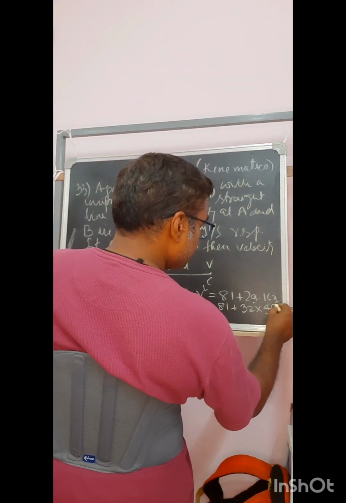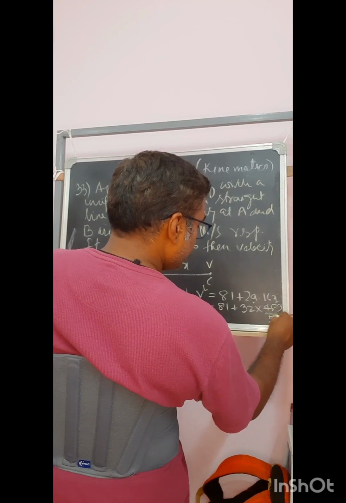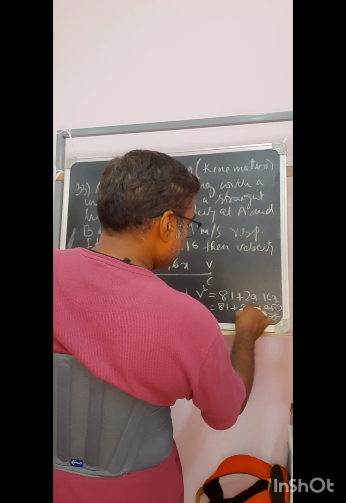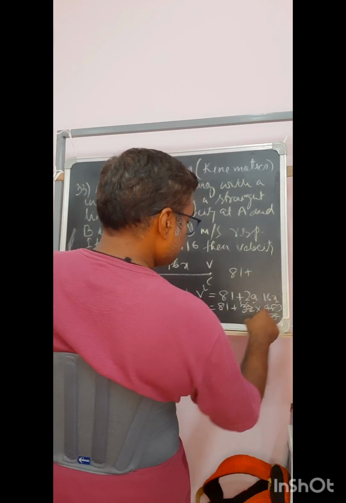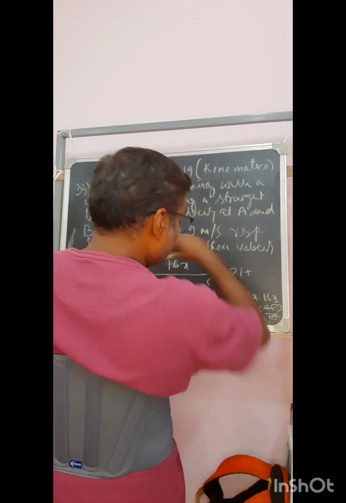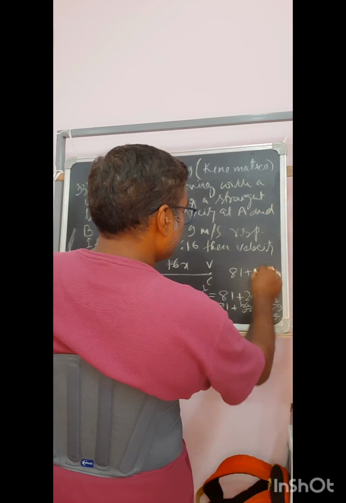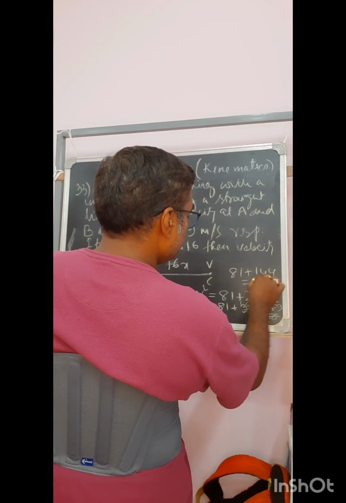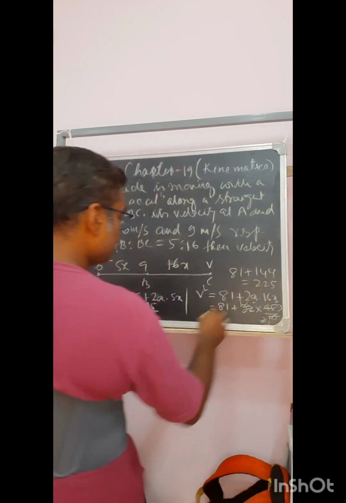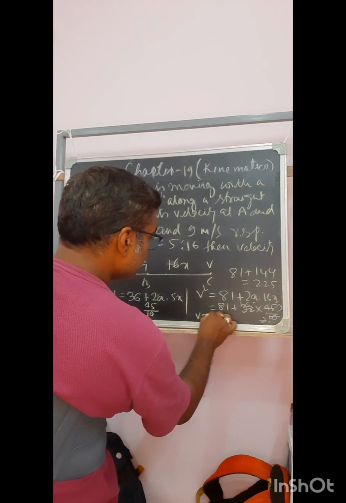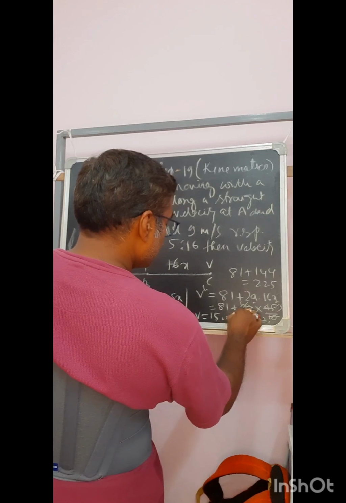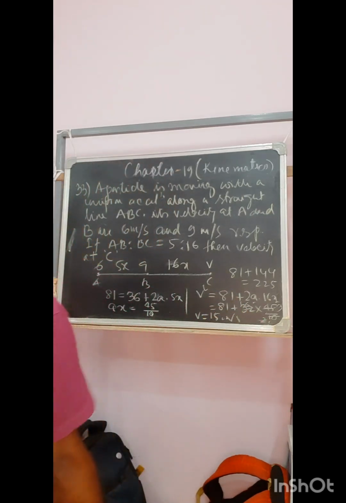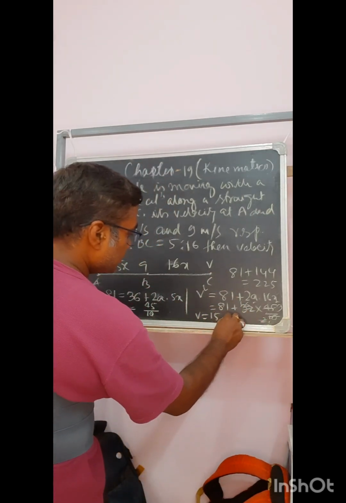If we reduce, 5 9s are 45, so that will give you 81 plus 16 into 9, that is 144, equal to 225. So V square is equal to 225, so V is equal to 15 and the unit will be meter per second. So at C the velocity will be 15 meter per second.